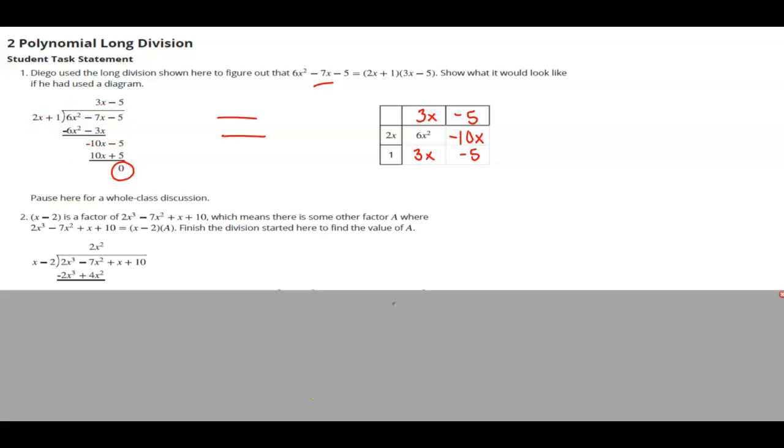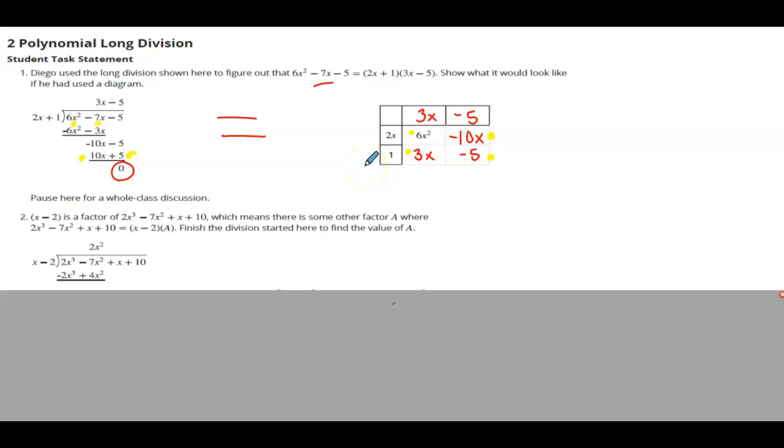Hopefully you're seeing these values right here in your chart, but they happen to be the opposite signs. They're being subtracted. Same thing with these two, the 10 and the 5. They're over here in your chart, but they're being subtracted. So you're going to see some similarities between the chart and the long division that you're doing.